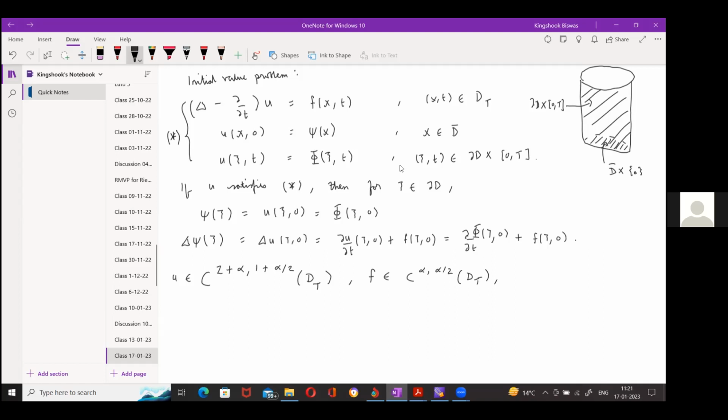Your data psi should be in C^{2+alpha} of the domain D closure. And your data phi should be in C^{2+alpha} of the boundary D cross [0,T].